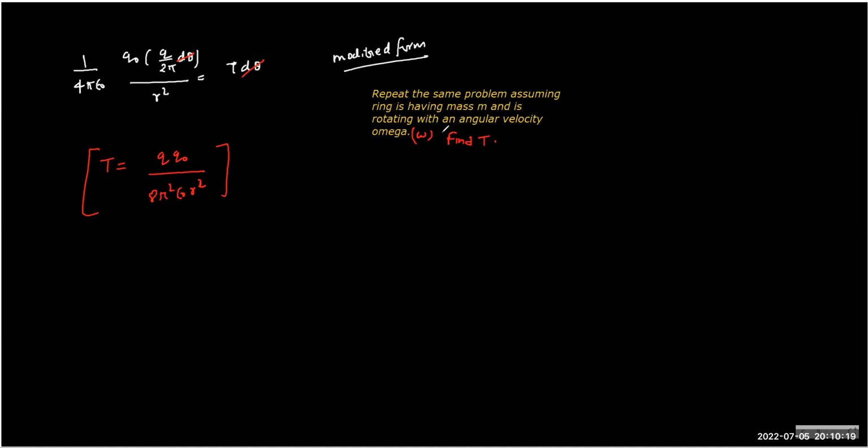And this question will become a question of wave and sound automatically. When you study the chapter of wave and sound, for a ring having tension T, if you create a small disturbance in this ring, this will travel with velocity v with respect to the ring, and the wave velocity we write as under root of T by mu.